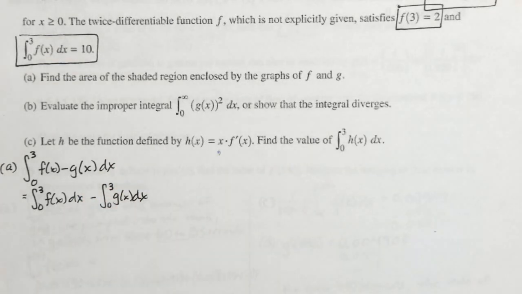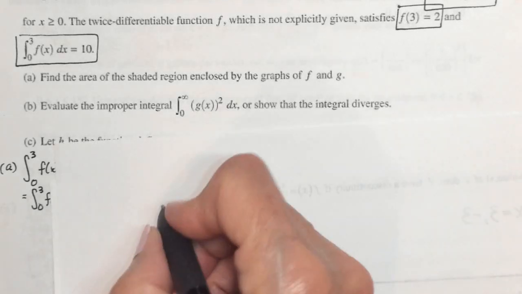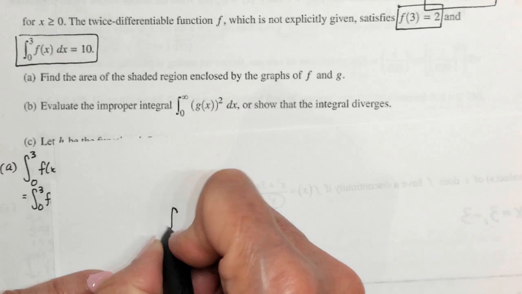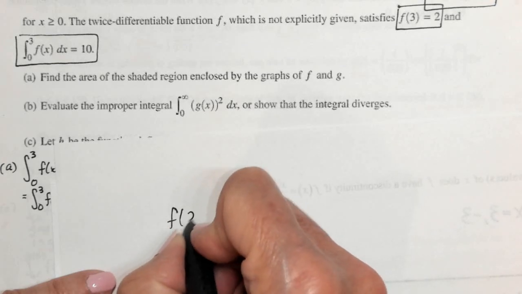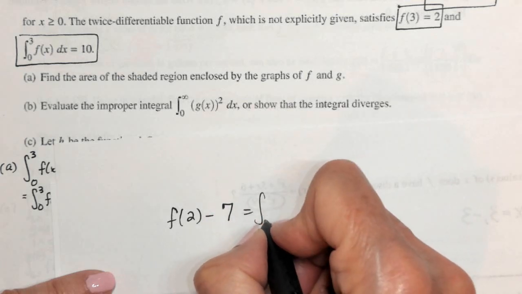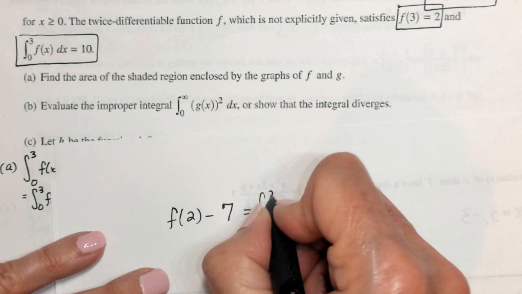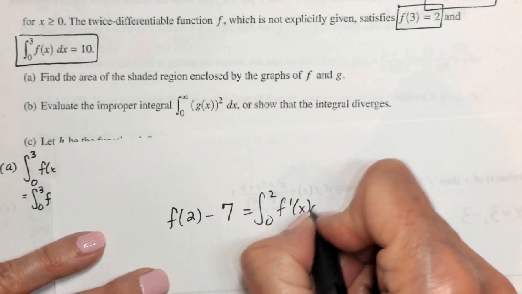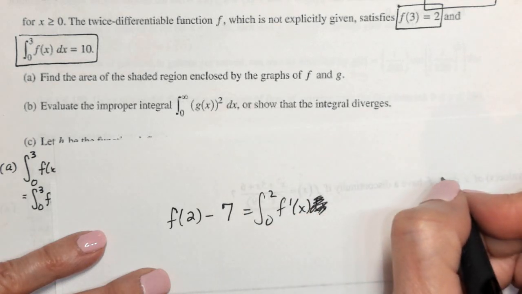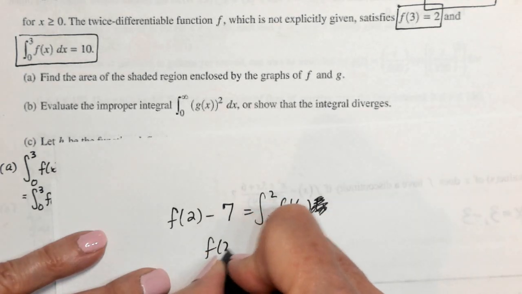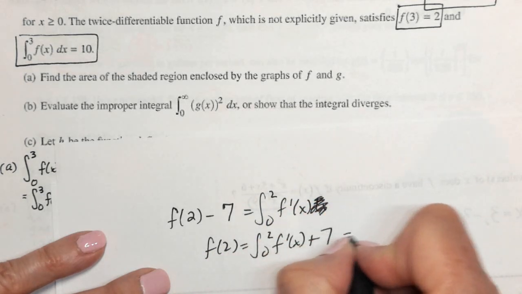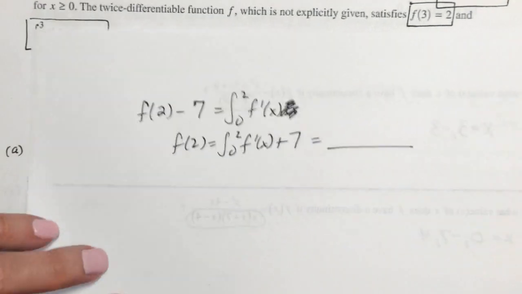Just the other day, I was grading a paper, and I forget exactly what the numbers were, but it was a fundamental theorem of calculus question, and they didn't put the dx there. And then they wrote an answer. What's wrong with that?